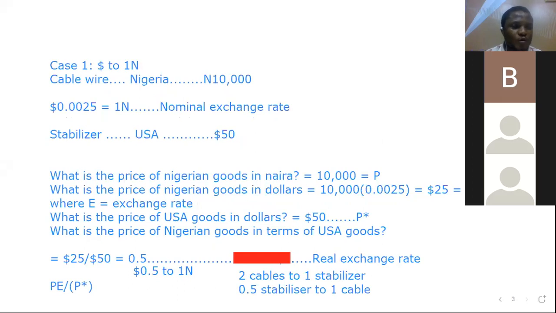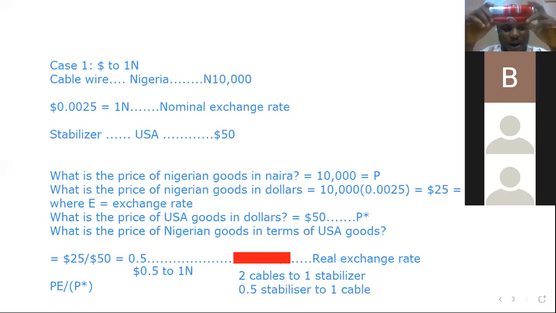In case one, we are looking at dollar to naira, which means I need $0.0025 to 1 naira. My cable wire in Nigeria is 10,000 naira. Let me make an example. This is a cable. The stabilizer I want to exchange this cable with is $50. The next question I ask myself is, what is the price of the Nigerian goods in naira?